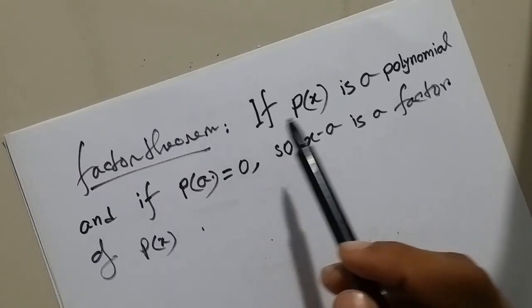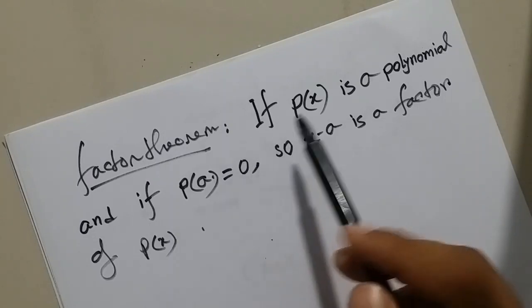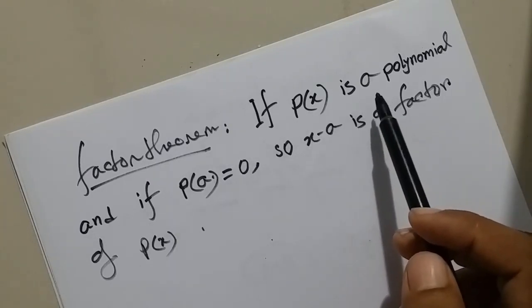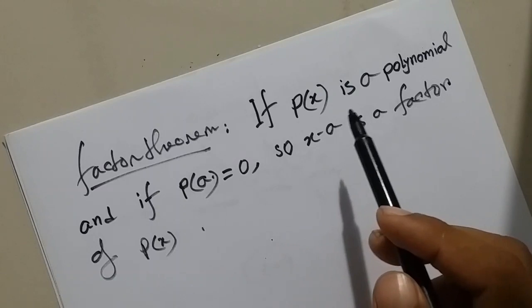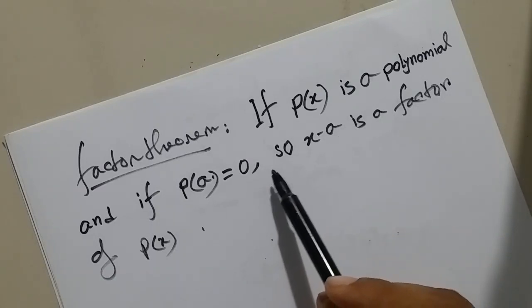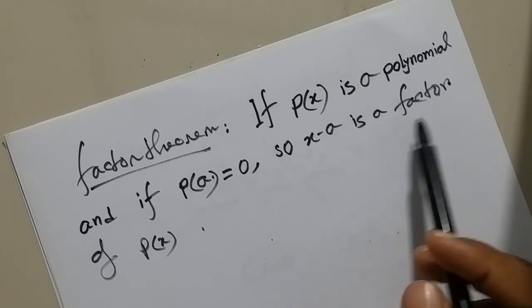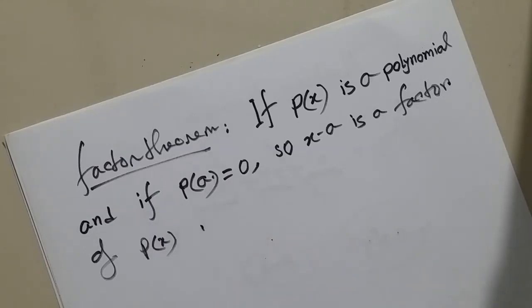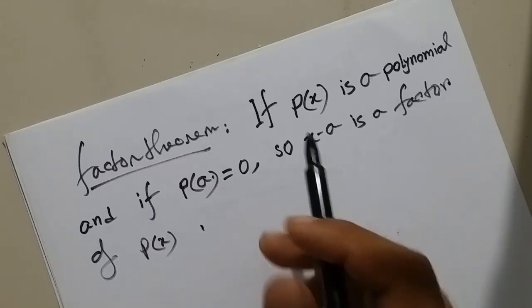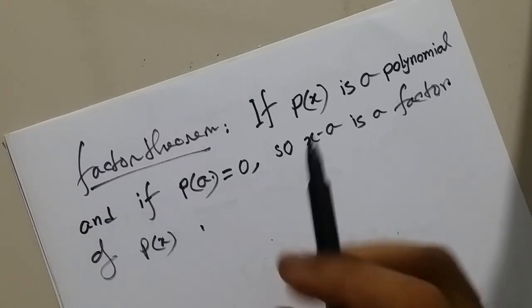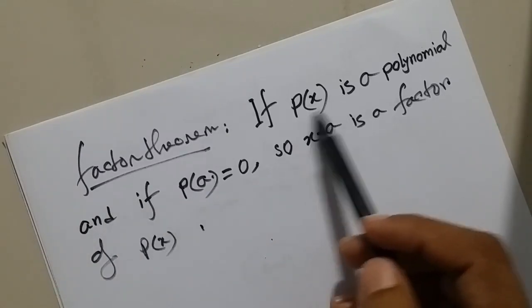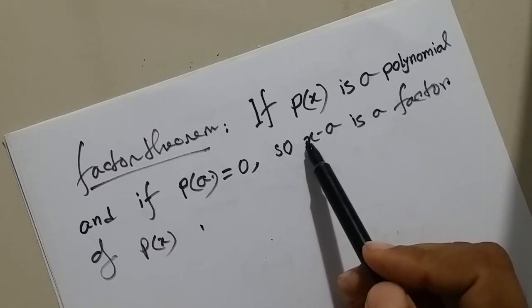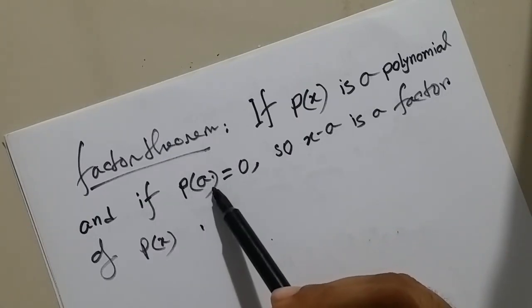Now the factor theorem. The factor theorem states that if p of x is a polynomial and if p of a is equal to 0, then x minus a is a factor of p of x. We learned from the previous theorem, the remainder theorem, that if we divide p of x by x minus a, then the remainder will be p of a.